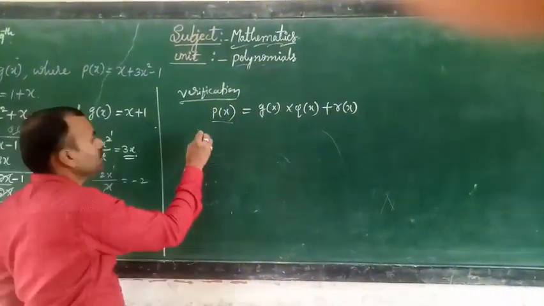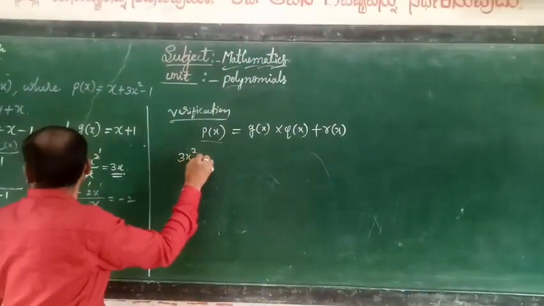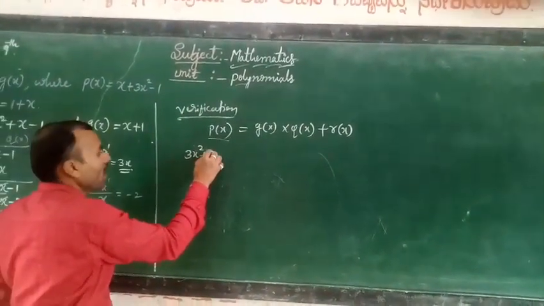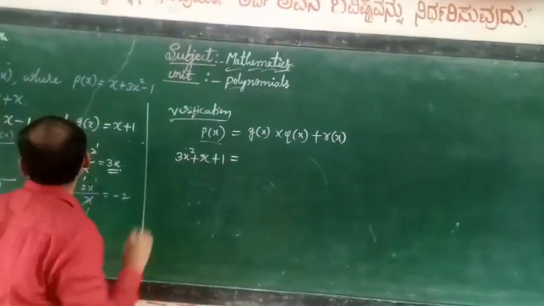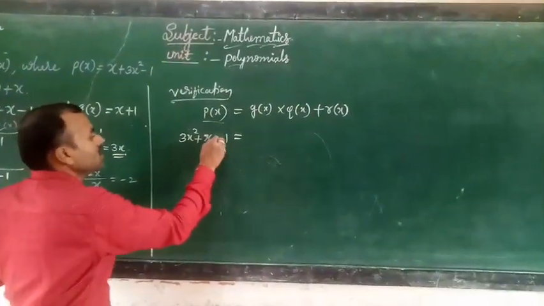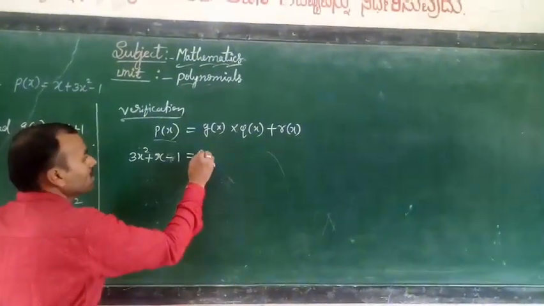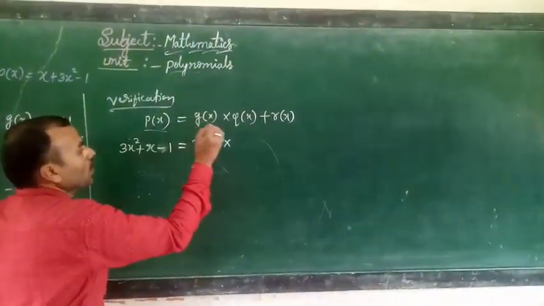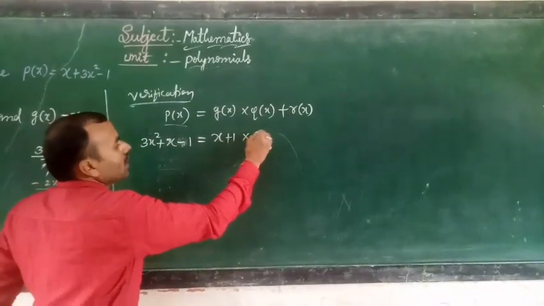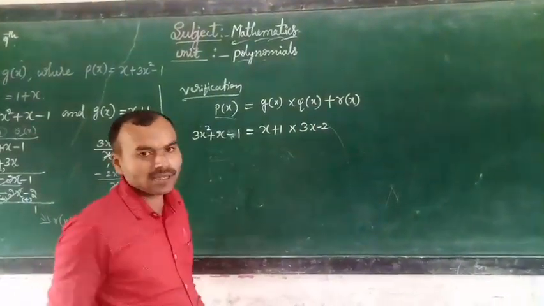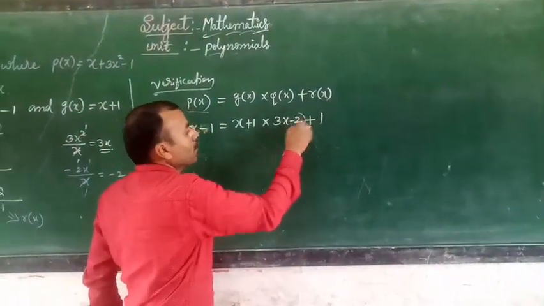P of x is 3x square plus x plus 1, and here this is minus 1, and g of x is x plus 1 into q of x. We already got 3x minus 2 plus r of x is 1.